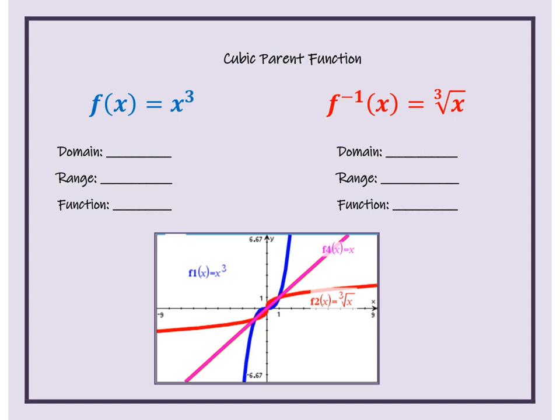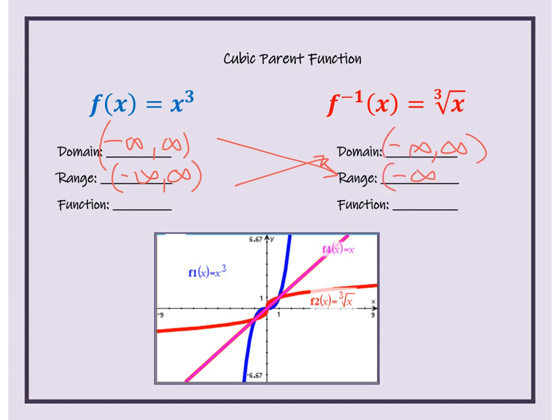So what's my domain and range of a cubic? How far to the left, how far to the right? Well, cubics are easy. Cubics are going to have negative infinity to infinity for domain and range. And yes, they do switch places, but it's still negative infinity to infinity. So cubics and linears, those are the easy ones. The ones that we're really going to have to pay close attention to are quadratics and square roots.